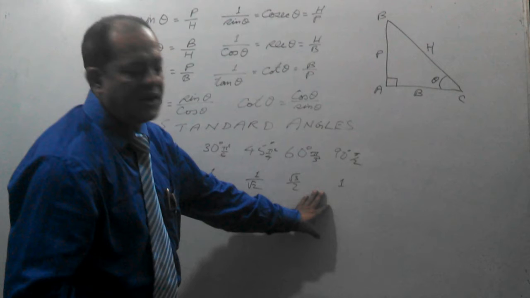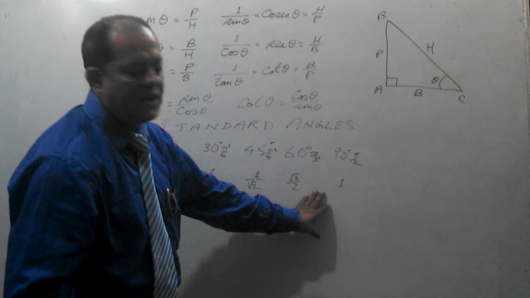Now if you try to see the LHS of it, and as I had given you sine theta is P by H, sine square theta plus cos square theta is equal to P by H whole square plus B by H whole square, which becomes P square by H square plus B square by H square.